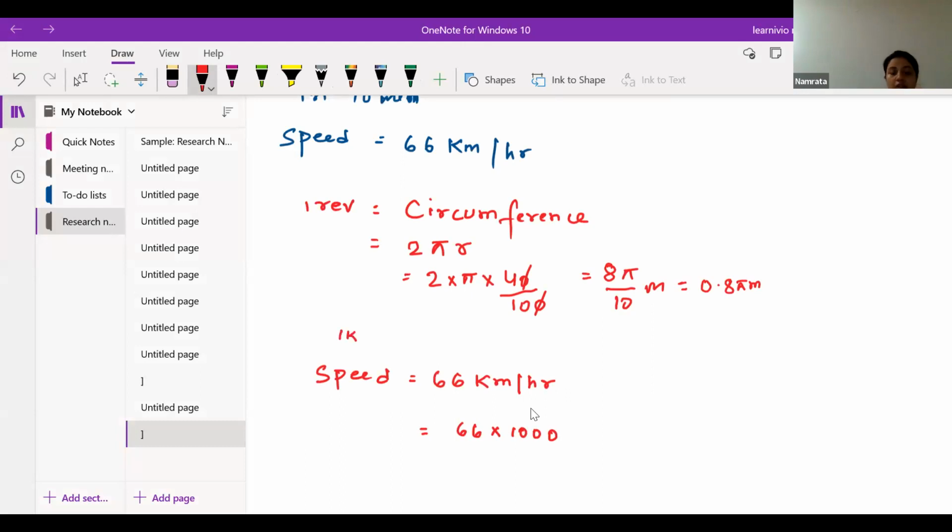We know 1 kilometer is equals to 1000 meters, right? Yes, ma'am. So we will multiply with 1000 to make this kilometer as a meter.